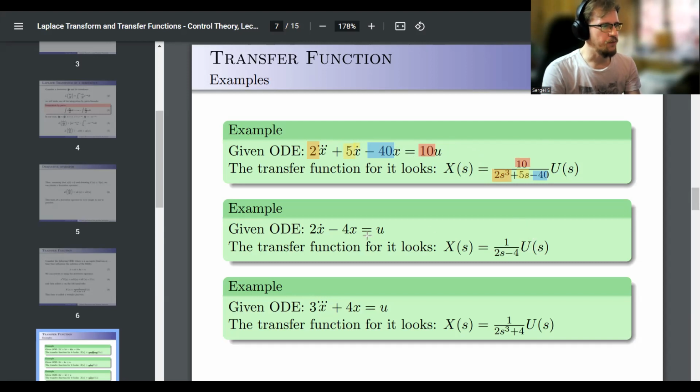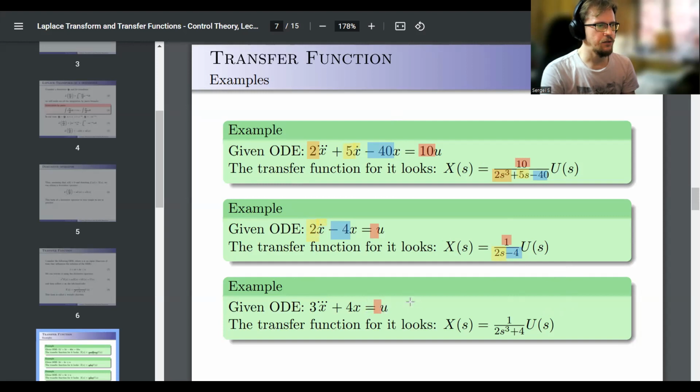Let's transform one more. In front of u there is 1, so we have 1 here. Now we have 2x dot minus 4x, so it is only going to have 2 members. This minus 4x becomes this minus 4 here, and this 2x dot becomes 2s here. Very simple. And one more.